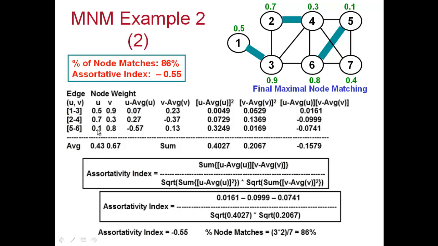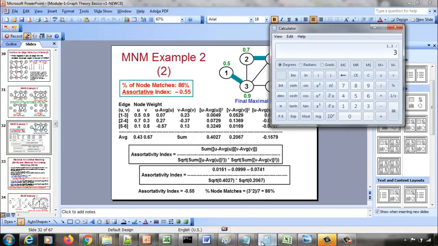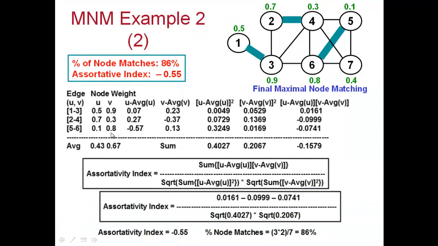That's going to be 1.3 divided by 3, so 0.43 is the average. Then the average of these three numbers, 0.9 plus 0.3 plus 0.8 divided by 3, is 0.67. So as I said, the average need not be the same, and here it's not the same.